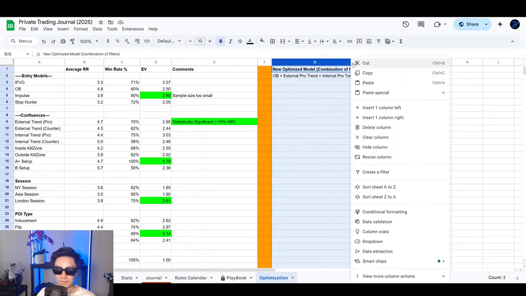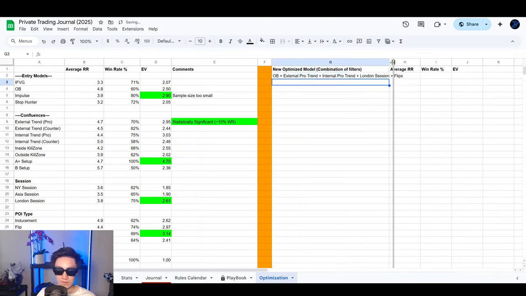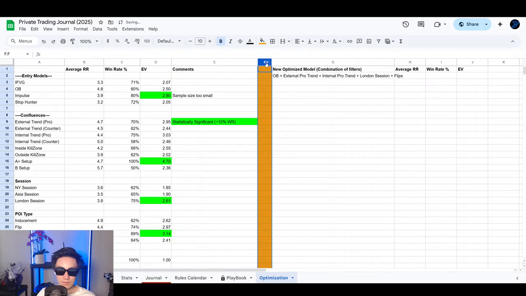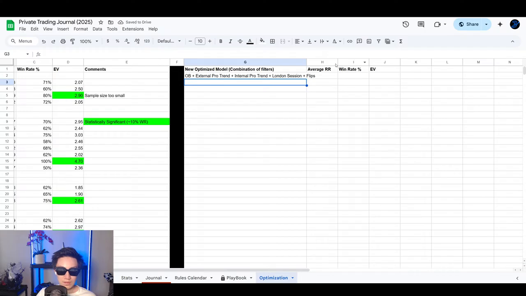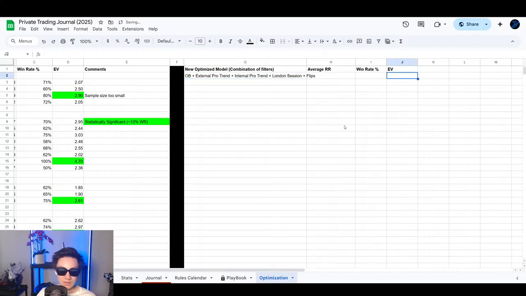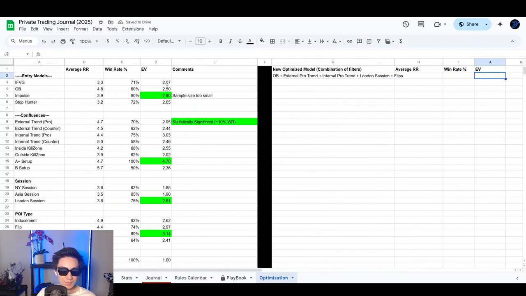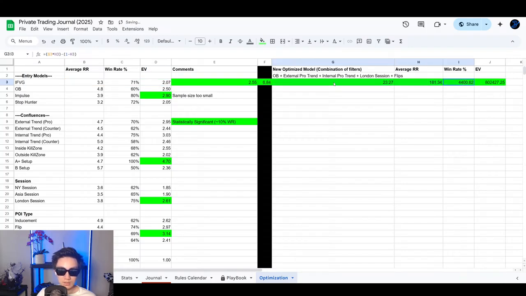So for example, your results here would be... then move this EV. This is simple. I'm just going to copy and paste the formulas from here. Move it here.